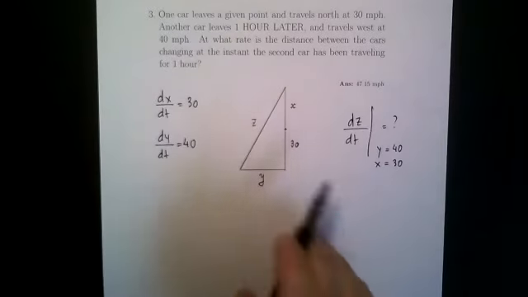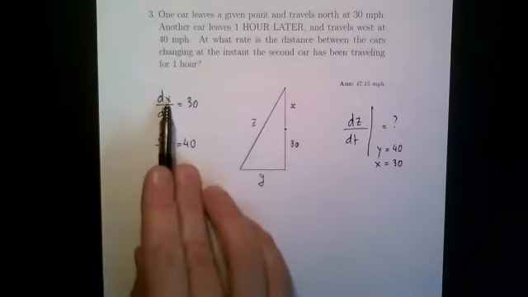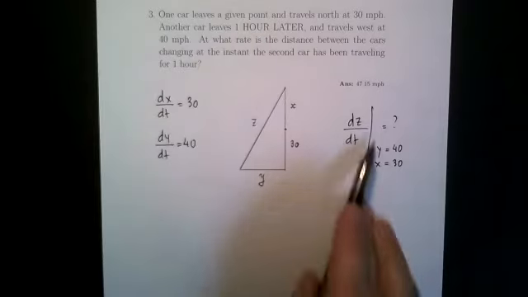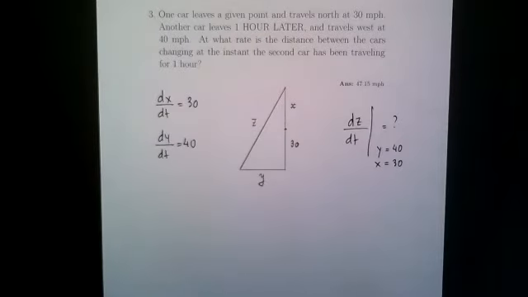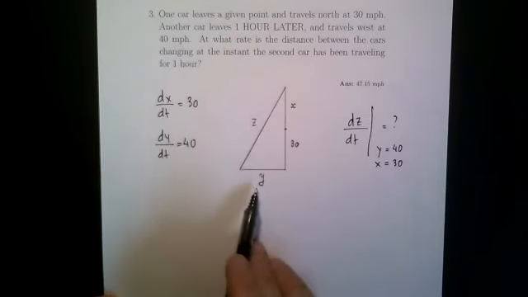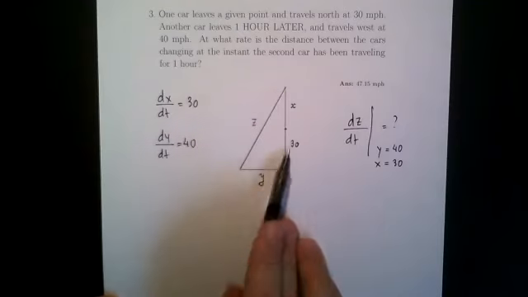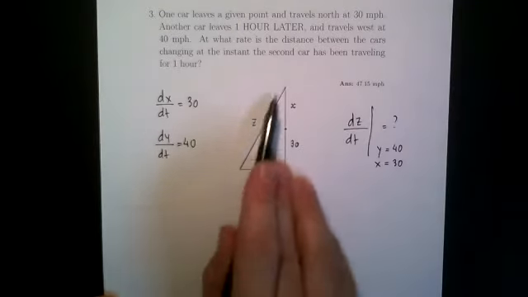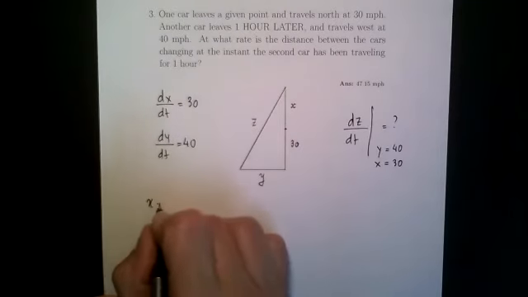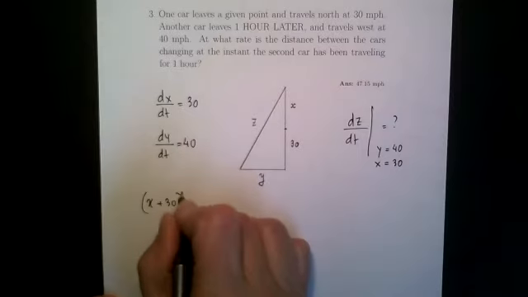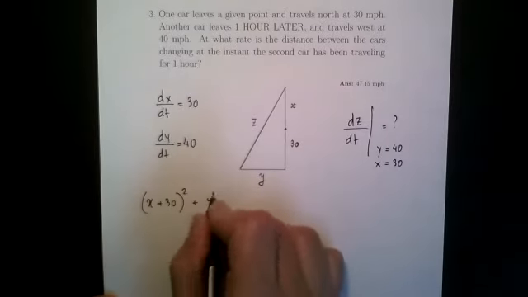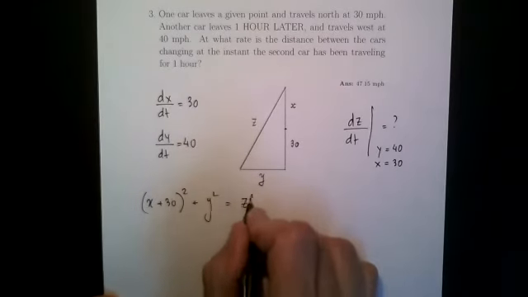Okay, so I'm going to find a relation between X, Y, and Z. So now there's 3 variables. Okay, so this is new, but we can still relate them using Pythagoras. So this side squared plus this side squared equals this side squared. So (X plus 30) squared plus Y squared is equal to Z squared.